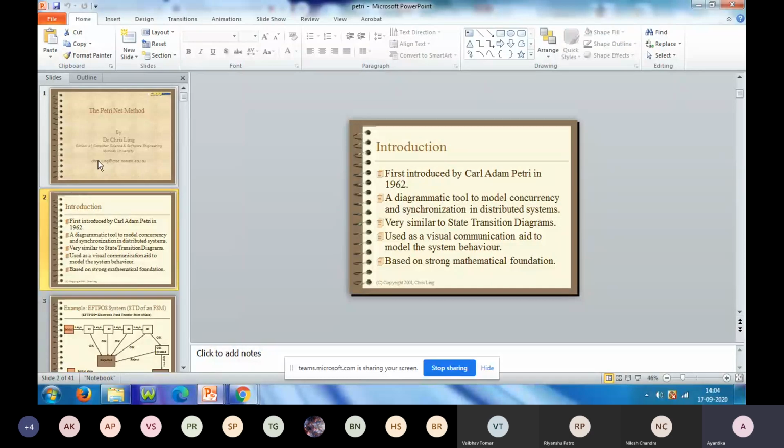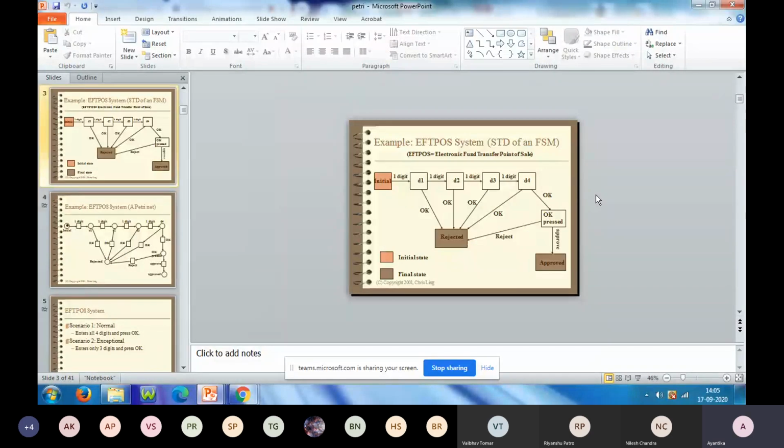But at that time, the features we consider today in our embedded design, like handling timing scenarios or object-oriented concepts, were not there in the initial version of Petri nets. But Petri nets are very useful when we consider concurrency and synchronization in a distributed scenario. We will check with some examples step by step.